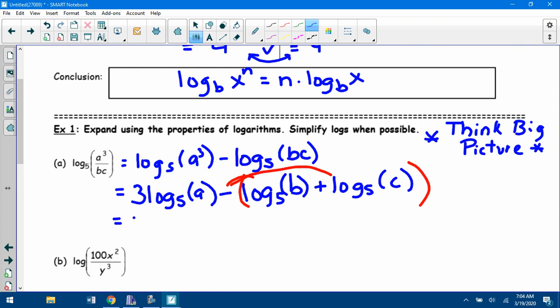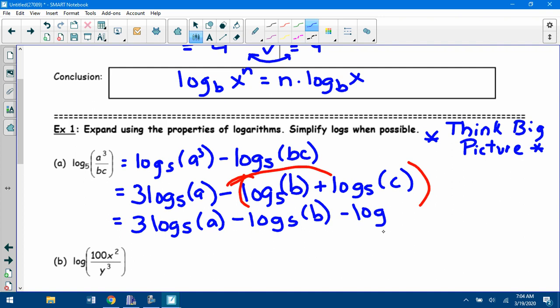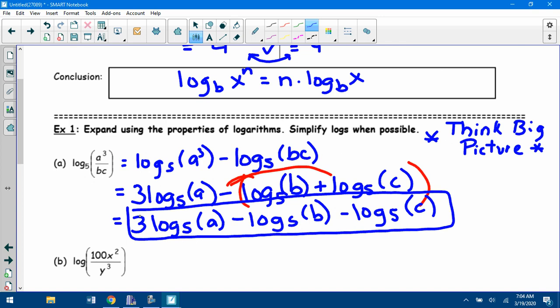And my final answer is going to be 3 log base 5 of a minus log base 5 of b minus log base 5 of c. And that's expanded as much as you can because there's no other property that I can pull out.